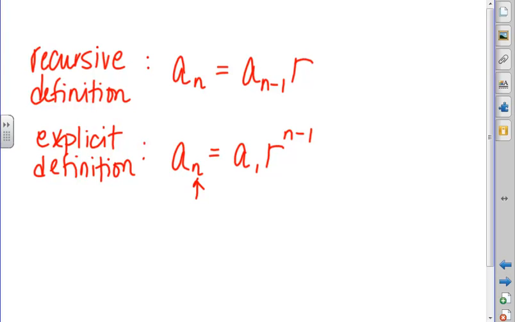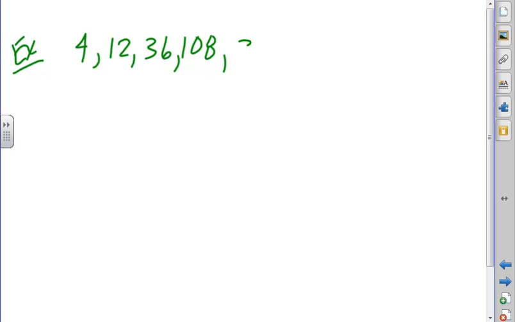So let me go ahead and do another example. Given this sequence 4, 12, 36, 108, 324, you may be asked to just answer the question, is this a geometric sequence?